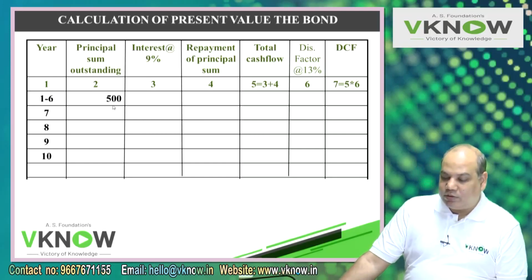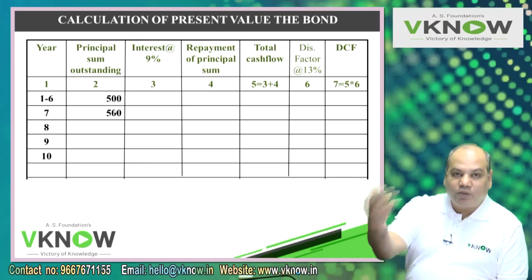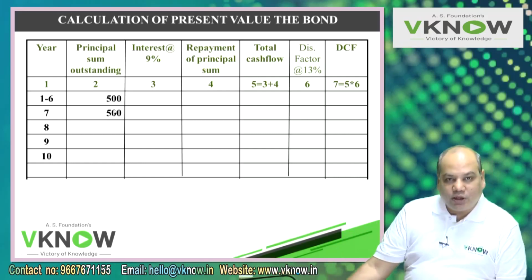They write 375. No, you have not yet redeemed the bond till the end of the 7th year. Till the end of the 7th year, 500 rupees is outstanding. After paying 125, then at the beginning of the next year, the principal will reduce. So I will reduce 125 here.